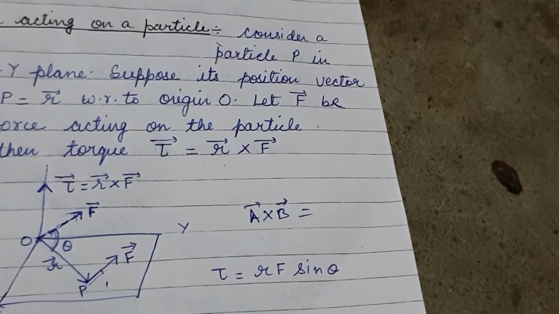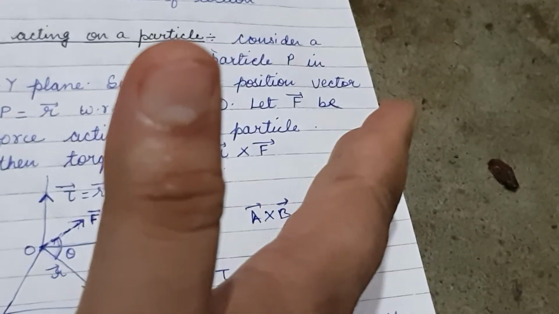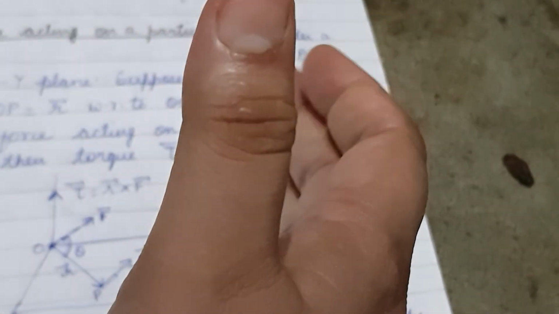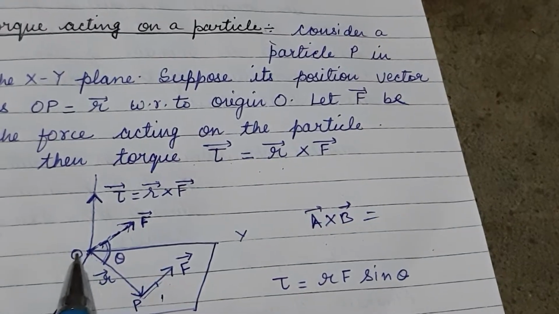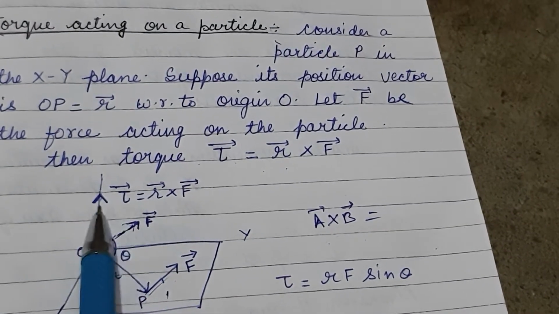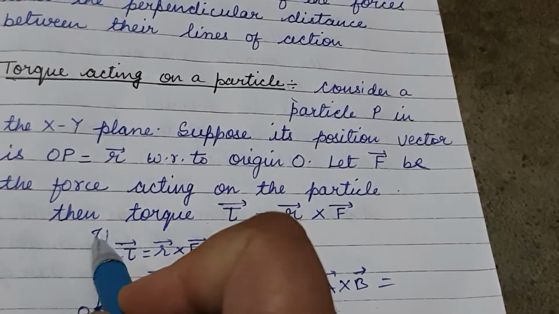So to find the direction of r cross F, what will we do? We will take our right hand such that our fingers curl from r to F like this. So from r to F, the thumb is upward, so the direction of the torque will be along the z axis, which is r cross F. It is along the z axis.